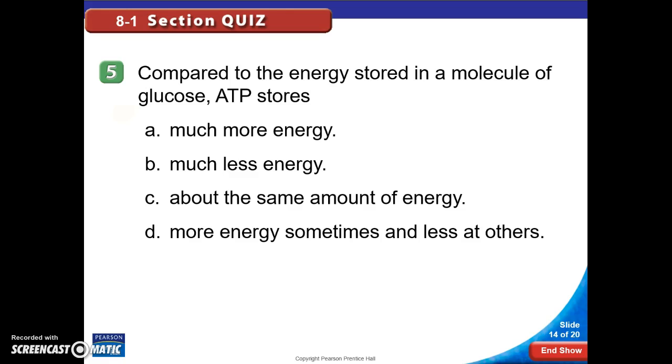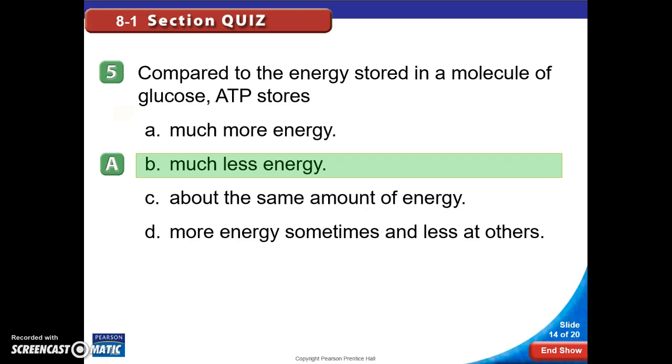So compared to the energy stored in a molecule of glucose, ATP stores much less energy. And we're going to look and see why that makes sense. The reason, when we're studying cellular respiration, will make more sense. But when we break apart a glucose molecule, we're actually breaking a lot more bonds.